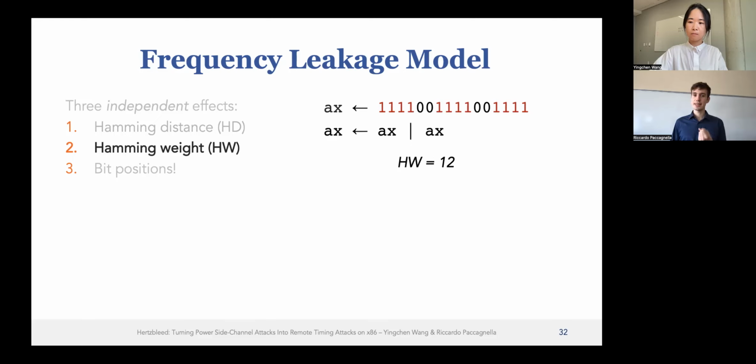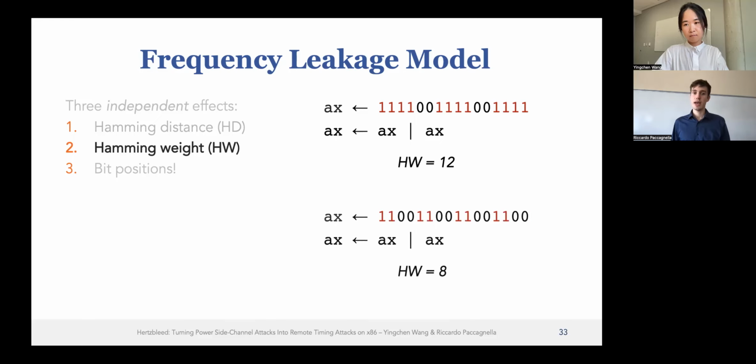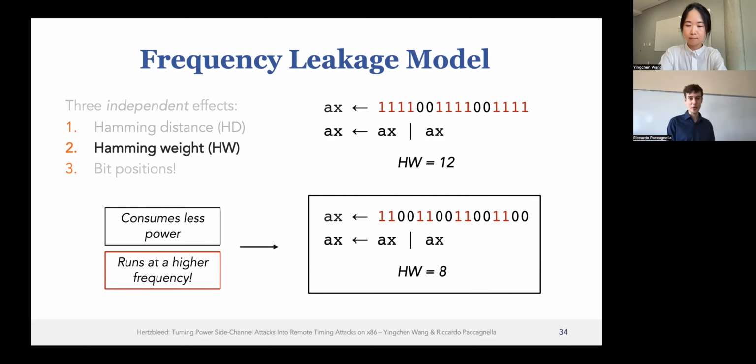What we found is that the number of bits that are set to 1 in this computation, which is called the Hamming weight, affects the power consumption and frequency as follows. So consider in this case, we have a Hamming weight of 12. And in the second example, where we have fewer ones, we have a Hamming weight of 8. What we saw is that the lower the Hamming weight, the lower the power consumption, and the higher the frequency.